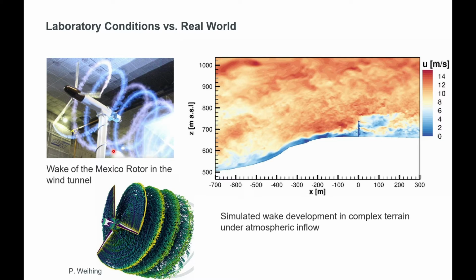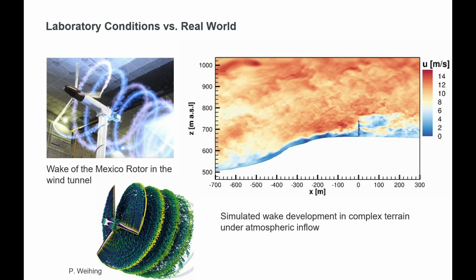On the other side, in the real world, we have a turbine installed in a site. We have an atmospheric inflow. We may have topography, orography, and of course that has a strong impact on the turbine and on the wake evolution.